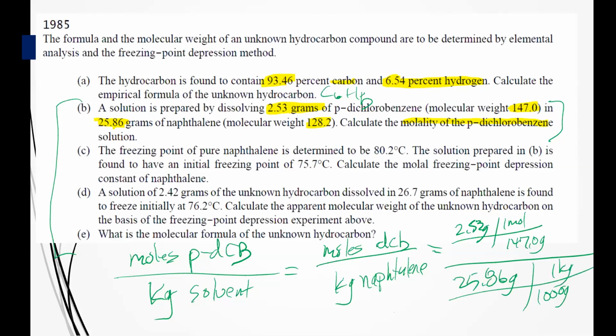So I get something that looks like this. 0.0172 moles divided by 0.02586 kilograms. And so our molality is 0.6655.